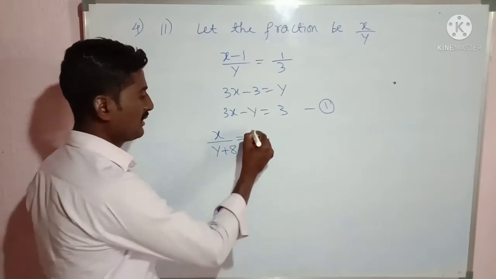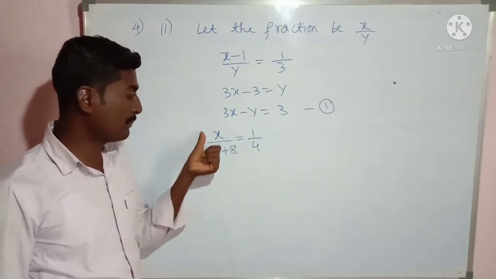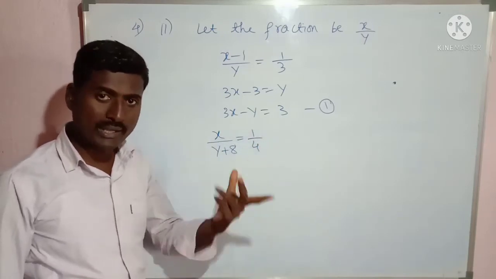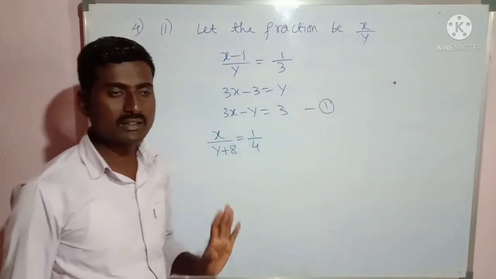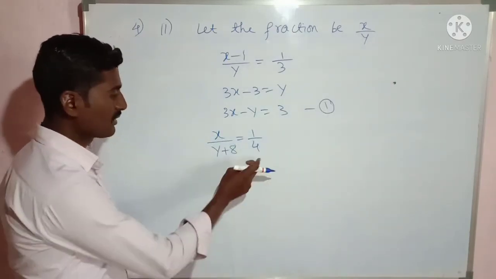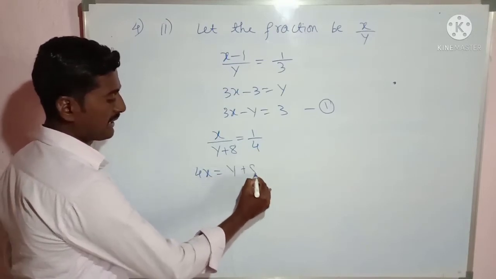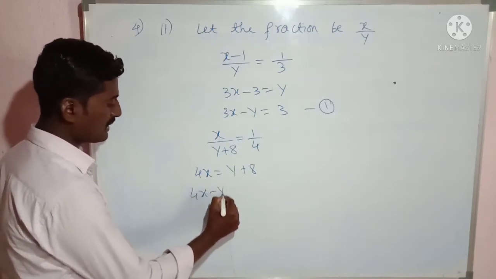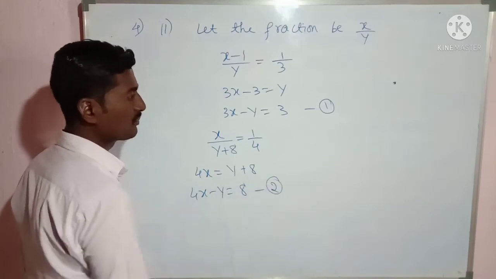Again same simplification: 4x is equal to y plus 8. Take this y to the left side: 4x minus y is equal to 8. This is equation number 2.